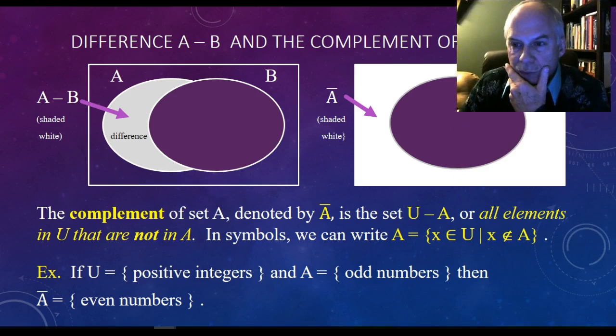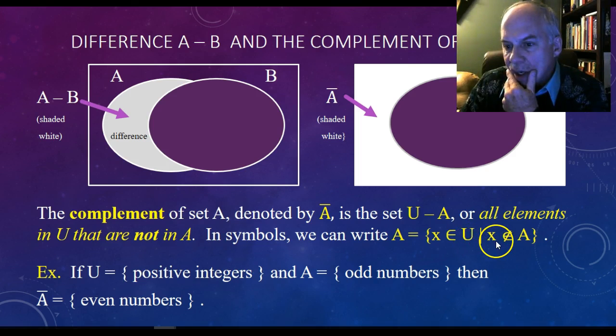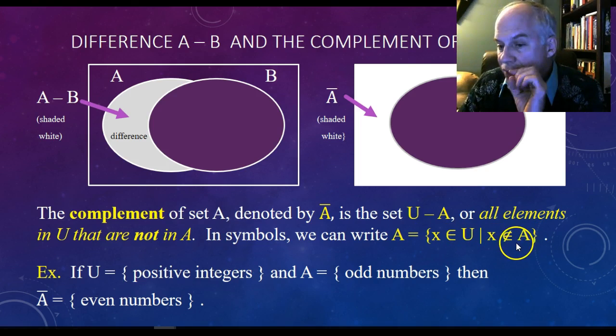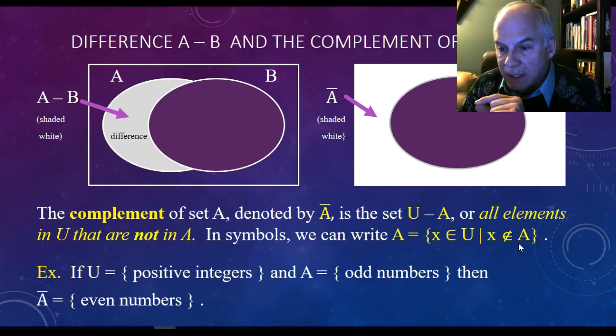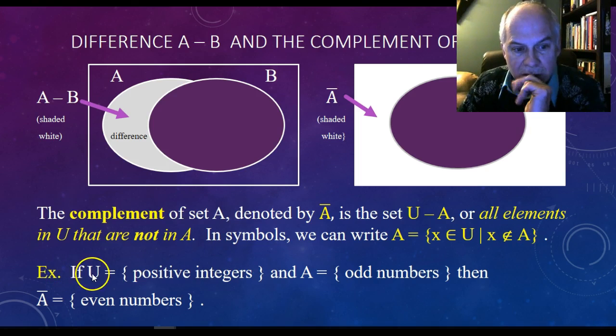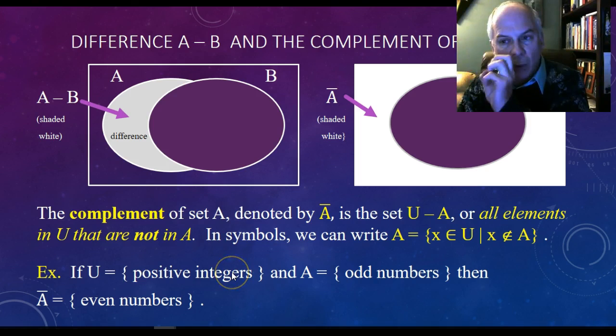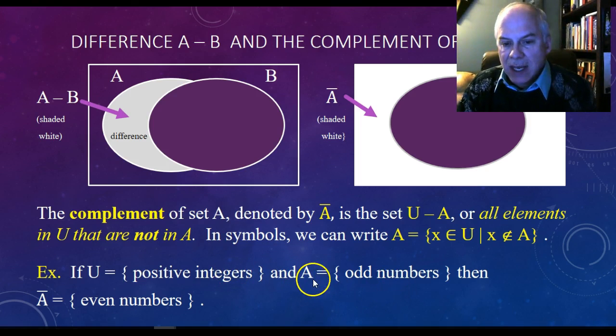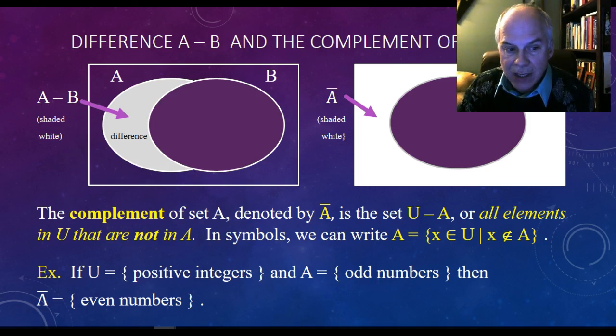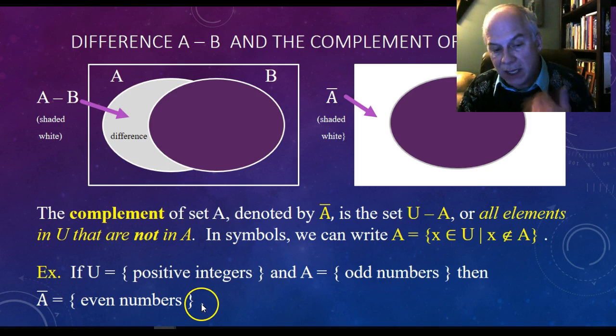In symbols, we could write the complement of A as the set of all X such that X is an element of the universe, but which is not an element of A. So if U equals the positive integers, 1, 2, 3, all the way forever, and A is the odd numbers, then the complement of A would be the even numbers.